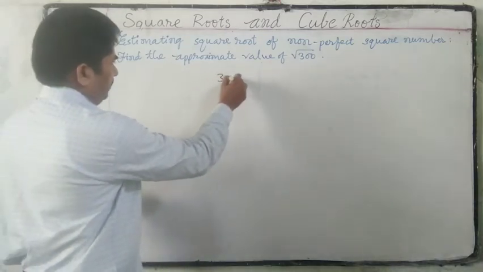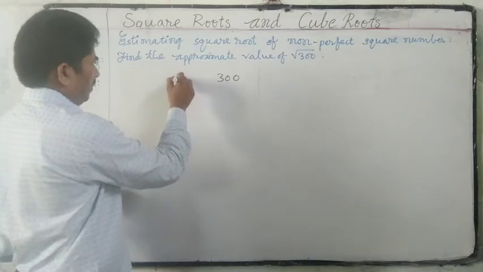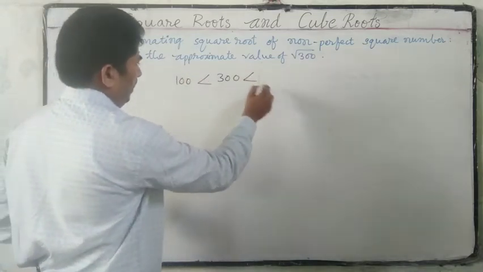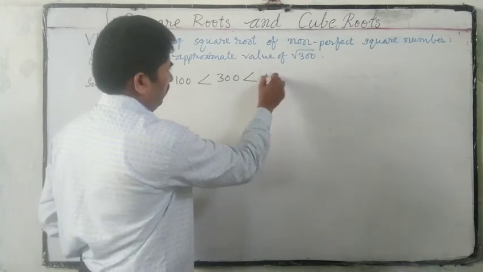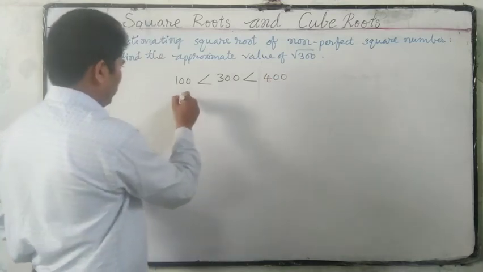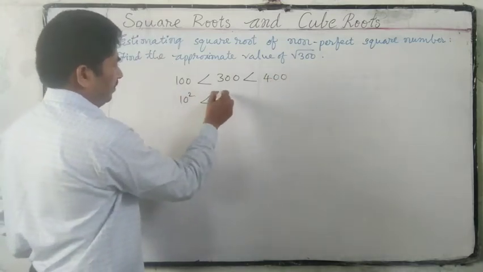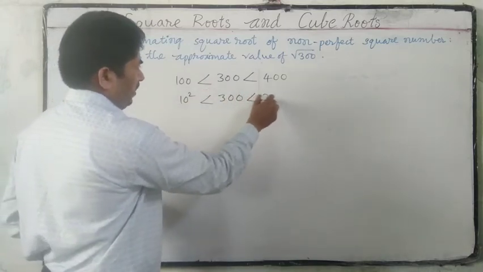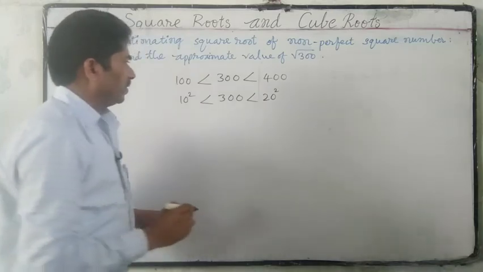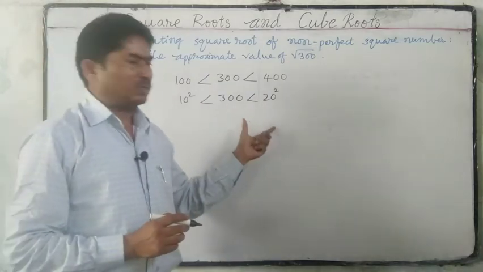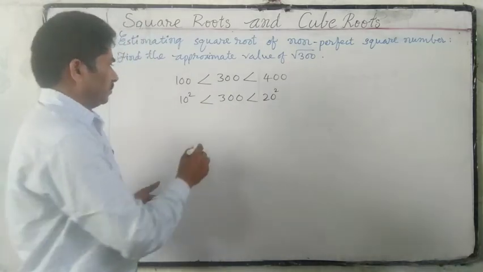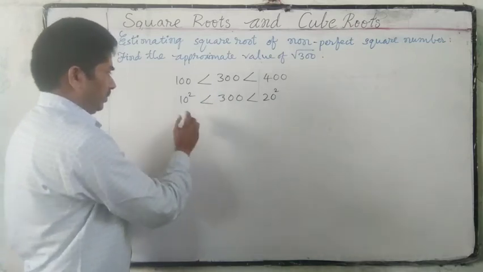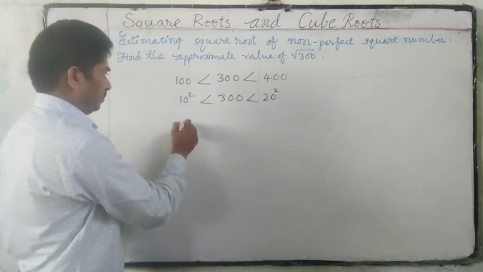This 300 is between the square numbers 100 and 400. We know 100 is 10 square, 400 is 20 square. But these are not closer to 300. We take the nearest square numbers.